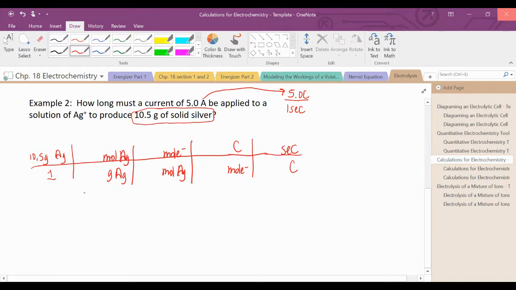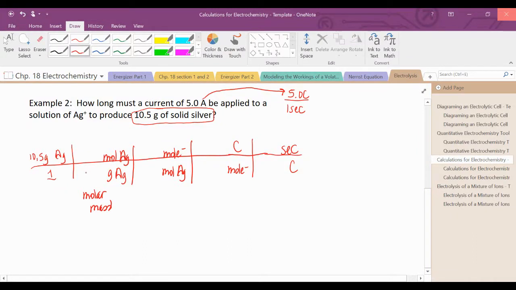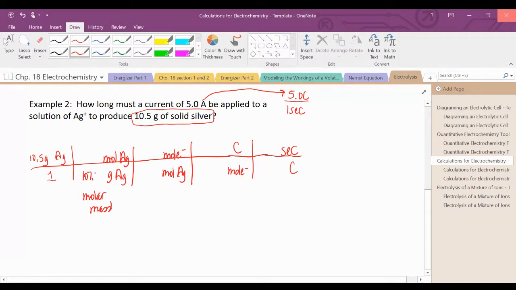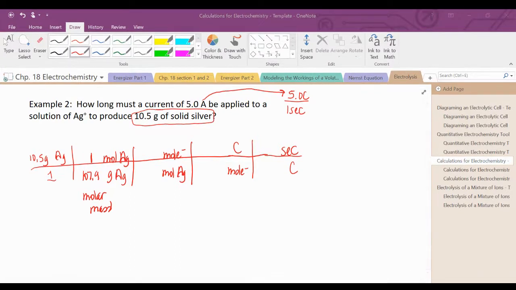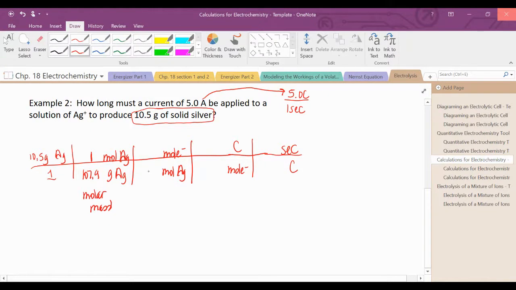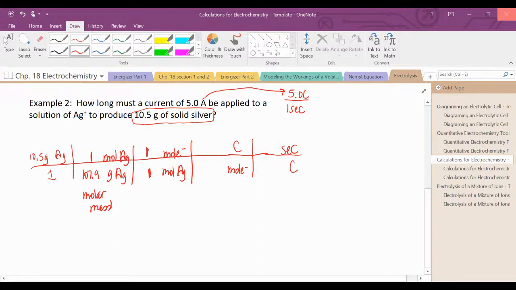So my first step is going to be my molar mass. And so according to the periodic table, there's 107.9 grams in a mole. My 1 mole of silver has a +1 charge, so that means it had to lose 1 electron. And then this would be my Faraday's constant.